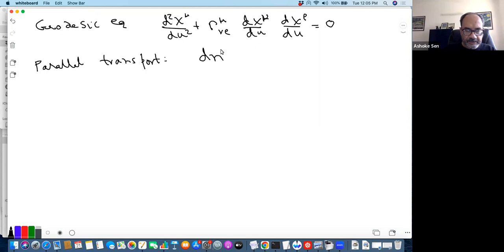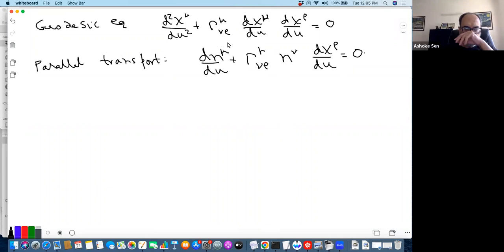So these are not the same, right? You can say, okay, if you take n^μ to be dx^μ/du, then it satisfies the corresponding equation because of the geodesic equation.